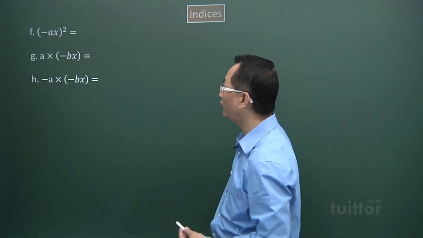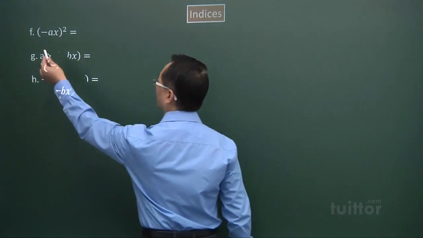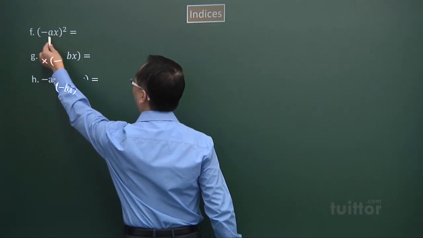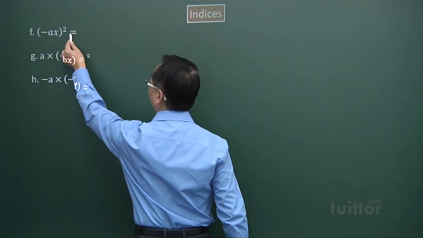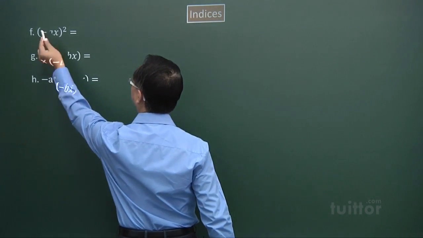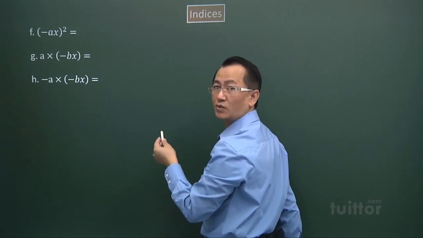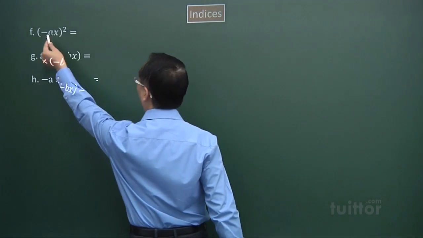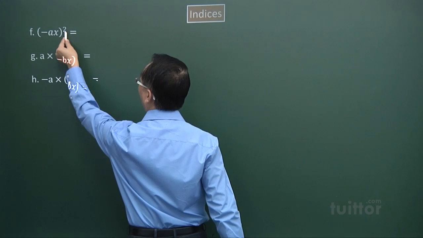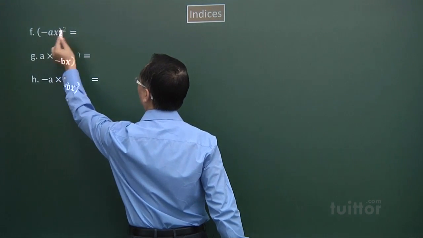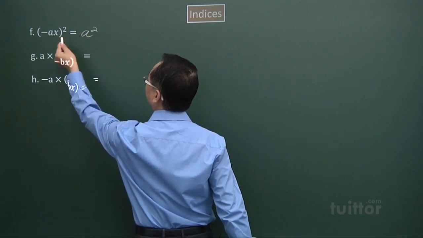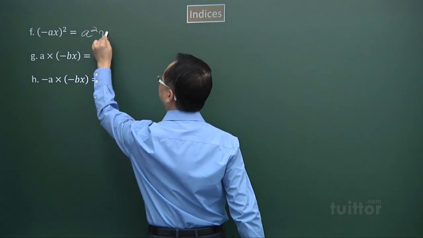For part F, we have bracket negative ax bracket squared. So the negative 1 is inside the bracket that is squared. So negative 1 squared is just 1. Then I have a squared and x squared.